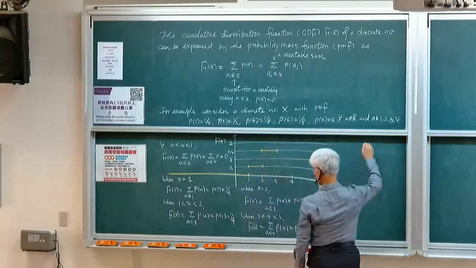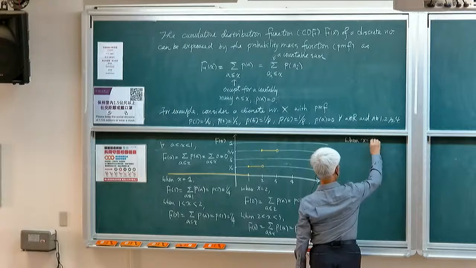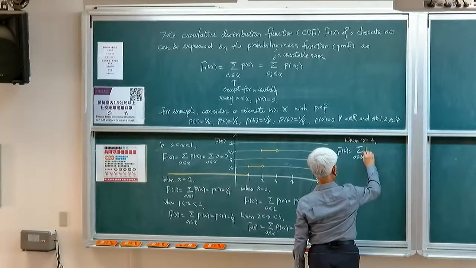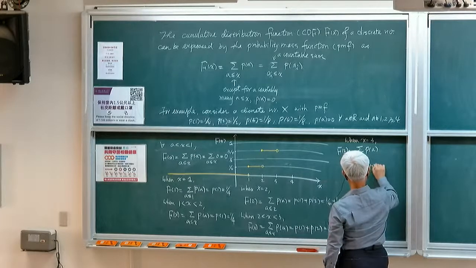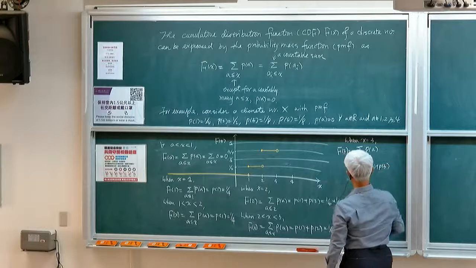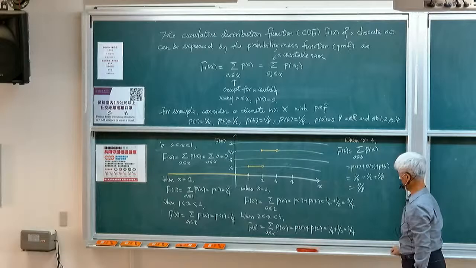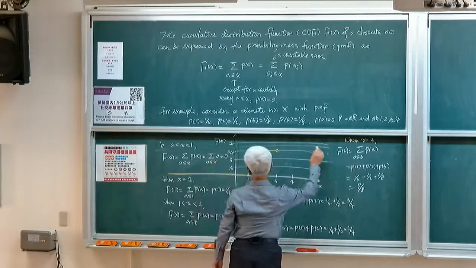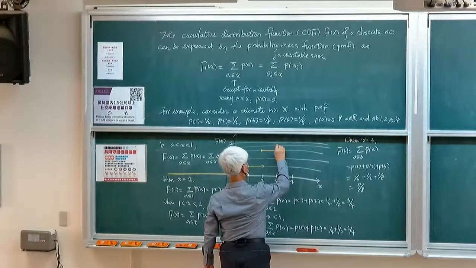And for x equal to 3, F(3) is P(1) plus P(2) plus P(3), so this is 1/4, 1/2, and 1/8. That would be 7/8. We have this point.